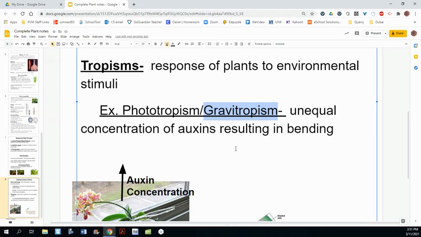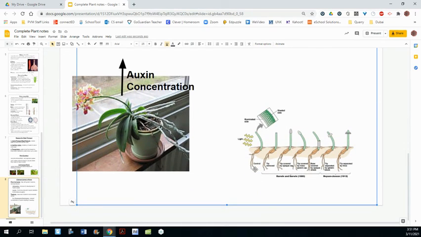Those are going to grow up because of phototropism, but there's also going to be a root that appears out of the seed, excuse me. And that's going to grow downward because of gravitropism. It's attracted to the gravitational pull of the earth.